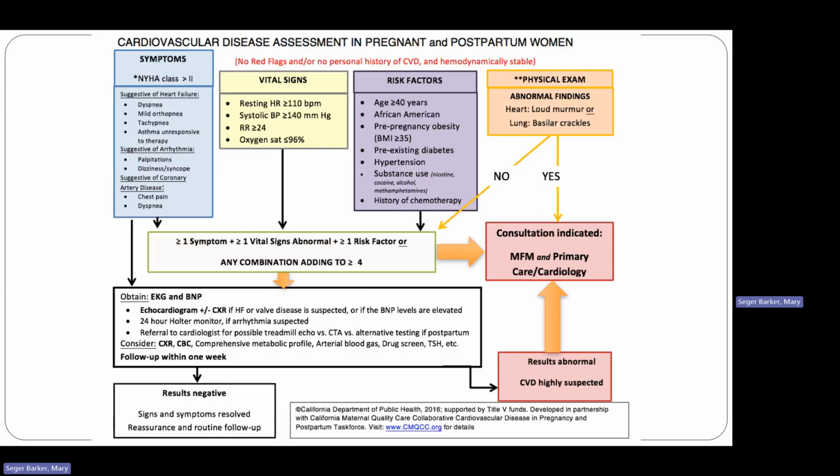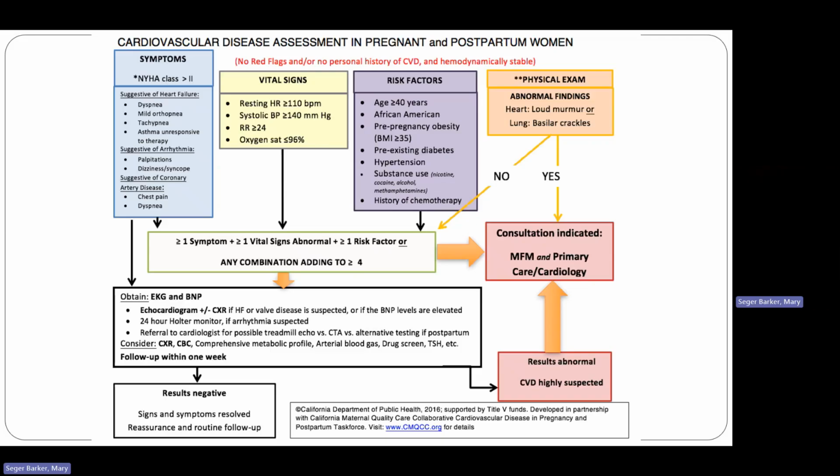So this is a little bit more in-depth algorithm, and it combines symptoms, vital signs, risk factors, and physical exam, and it leads you down the path of whether or not, if all those things are present, consulting maternal fetal medicine and cardiology. And then if she has symptoms suggestive of heart failure, obtain an EKG and BNP and echo, all those things.